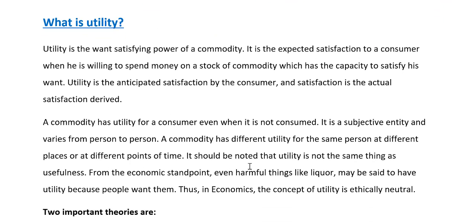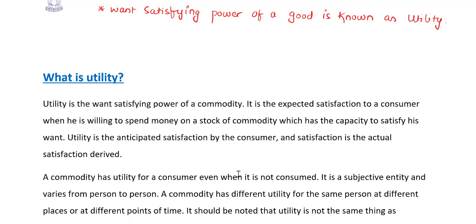Every product is having utility, whether it is food, shelter, a car, a computer, a television, a mobile phone. Every product is having its utility. So let's begin. Utility is the want satisfying power of a commodity.